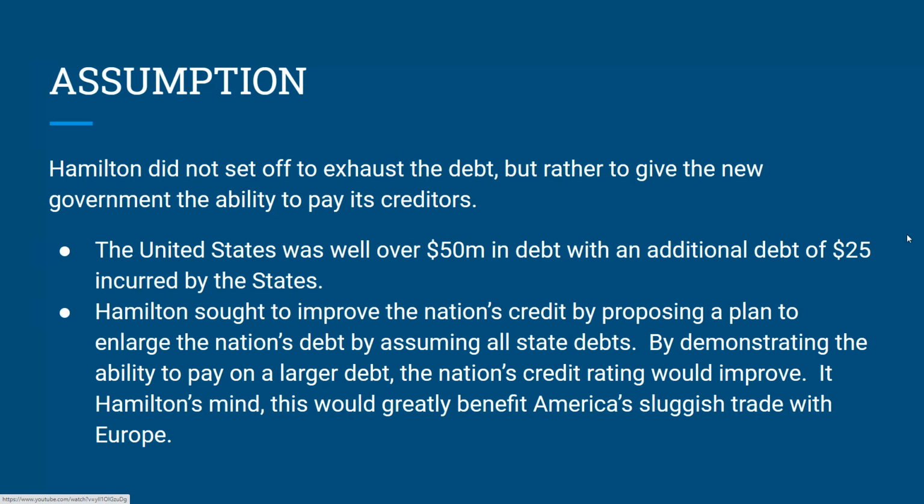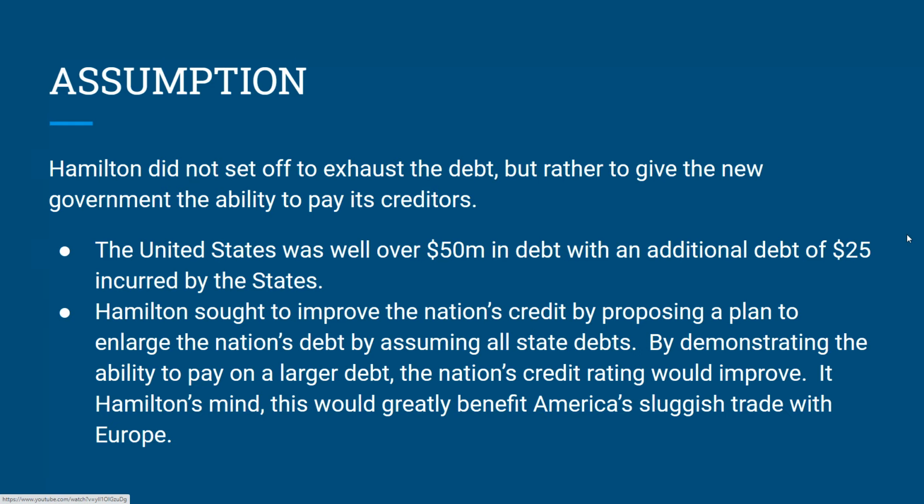But central to the economic recovery of the country, Hamilton sought to boost America's credit rating. Remember, we had no credit. We came out of the revolution, the economy was destroyed, and no one would lend us money, because they didn't think we would be able to pay them back.